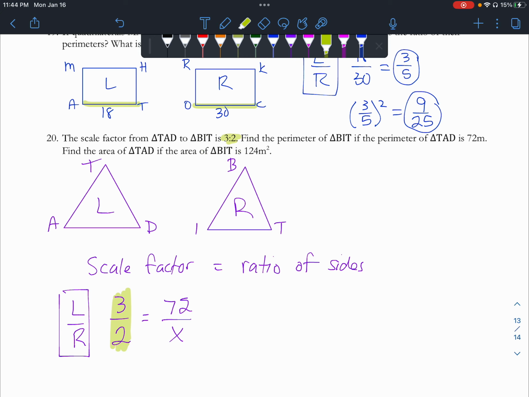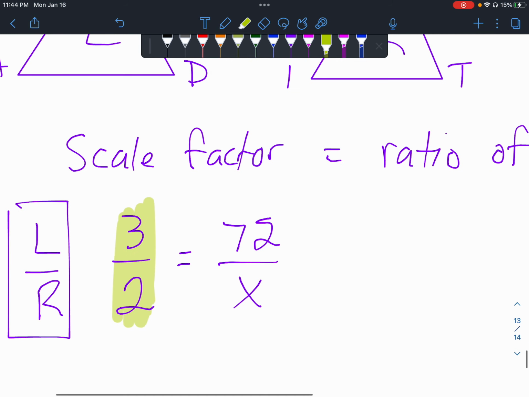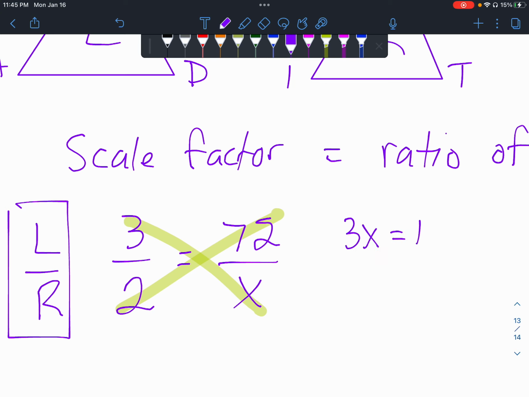So that means that should be the same exact ratio that we use for the perimeters. Hence why I'm using it here as well. We just now need to cross multiply and solve. I end up with 3x equals 144. I don't know that one off the top of my head either, but it does come out to a nice 48 for you guys.